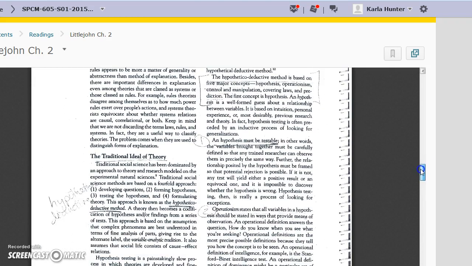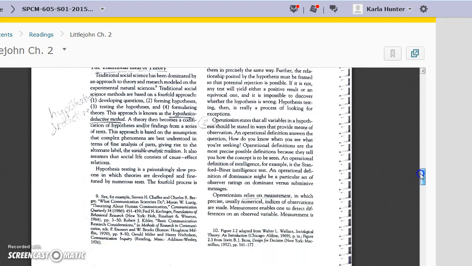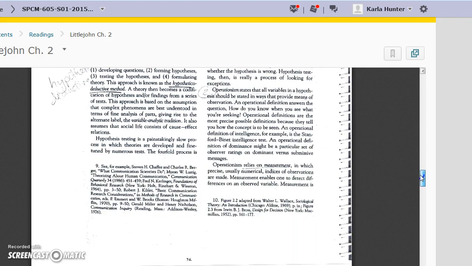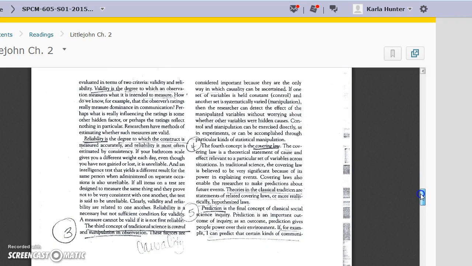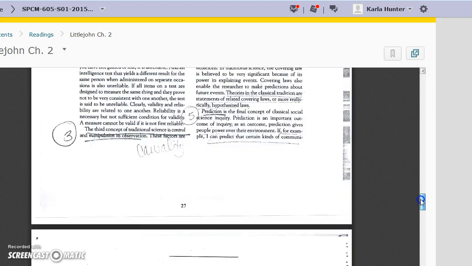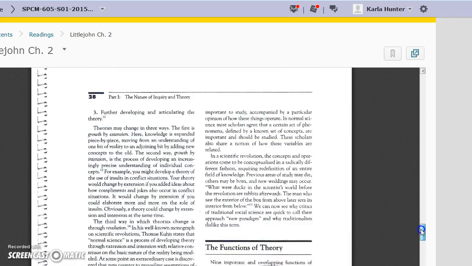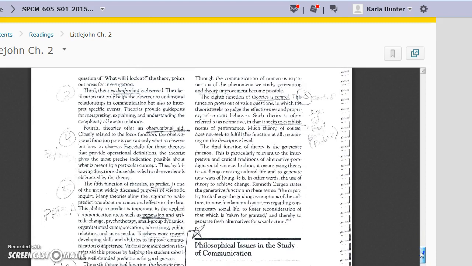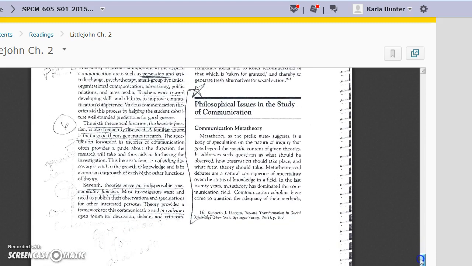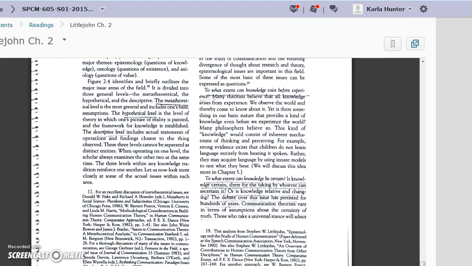The traditional ideal of theory, the hypothetical deductive hypotheses and what is important about them, validity and reliability, those concepts. Basically, if I've written about it in here, or if it's in a heading, or if I've numbered it, then it's probably important.